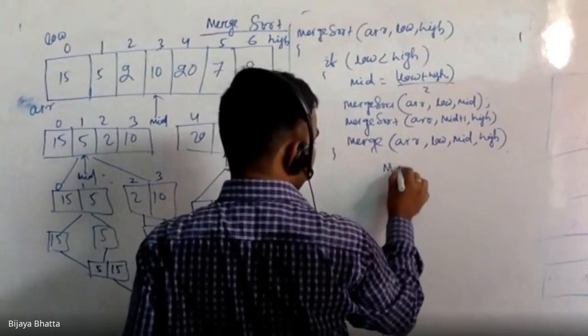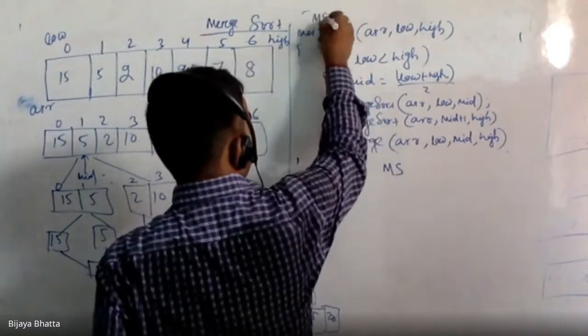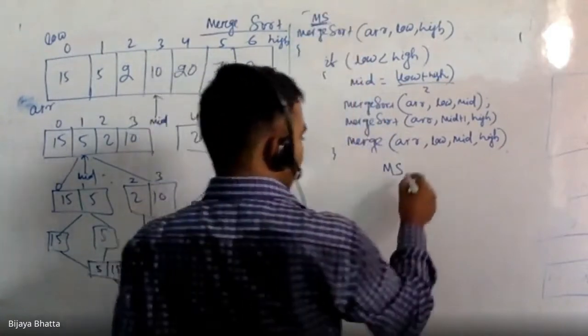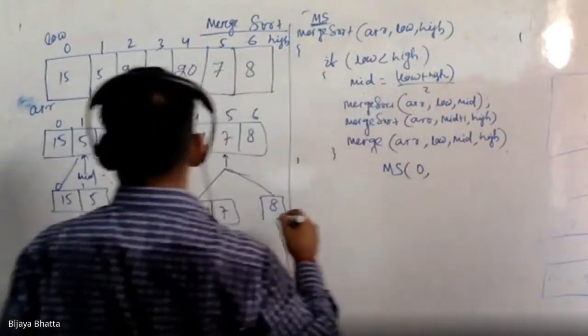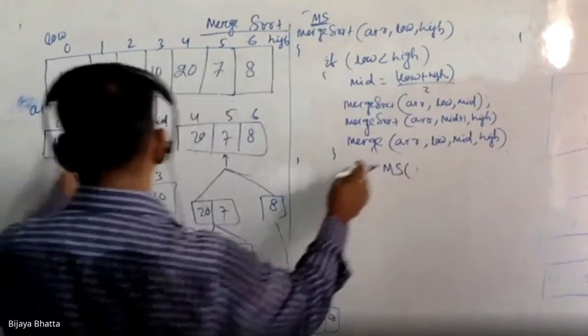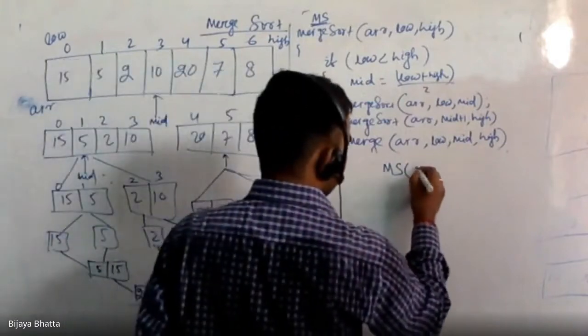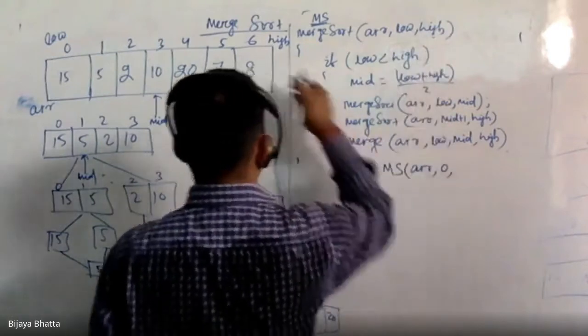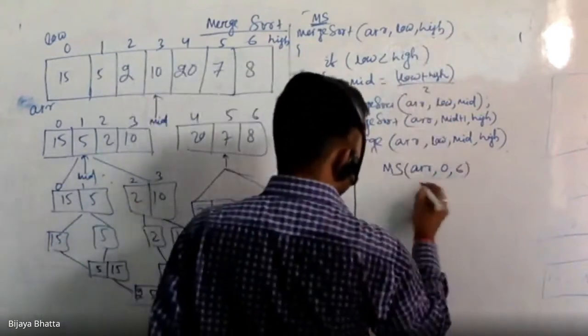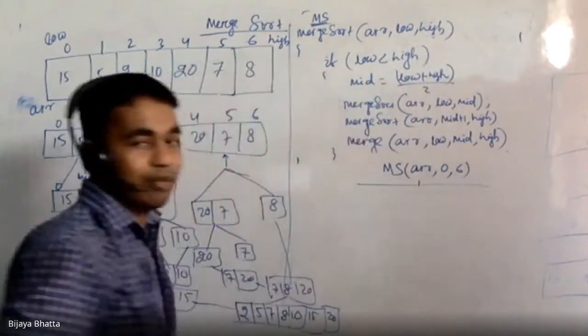I'm writing ms as a short form for merge sort. The first time I'm calling it with arr, then 0, and then high, which is 6, right? So that's what I'm calling.